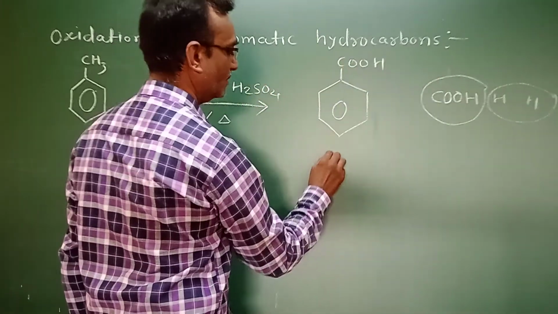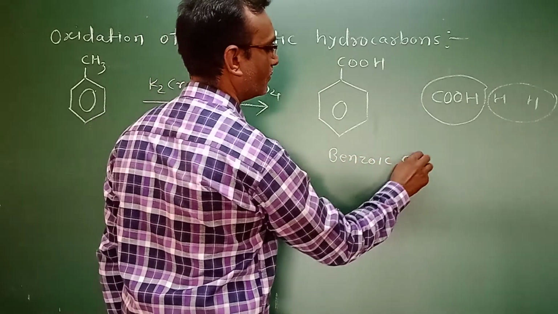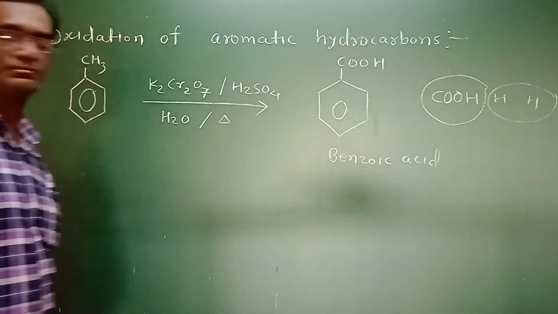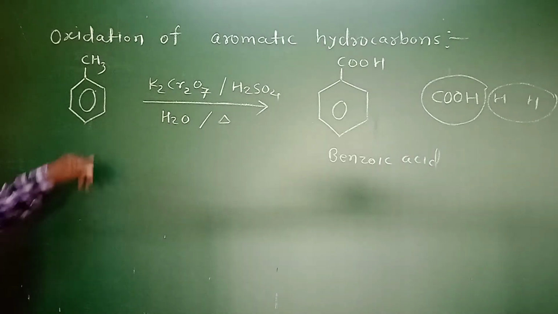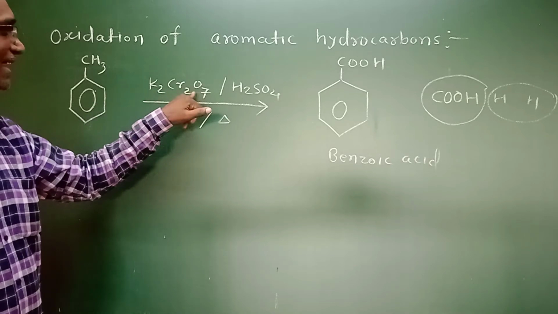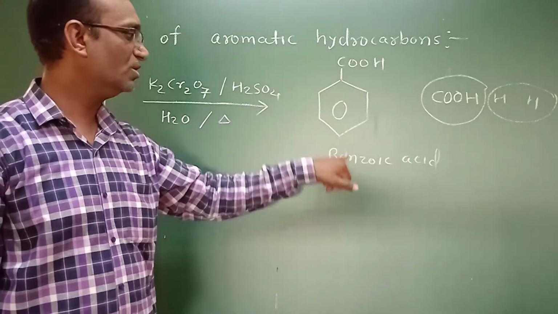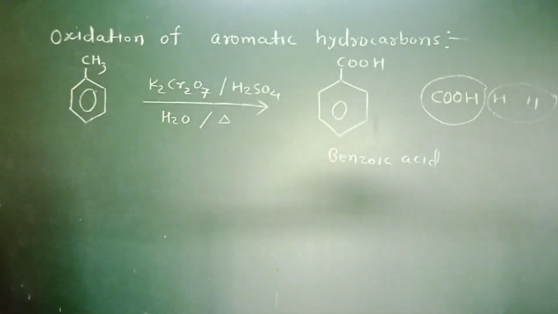This is the benzoic acid. In such a way, the aromatic hydrocarbon toluene, in presence of acidified potassium dichromate on heating, gets converted into benzoic acid.